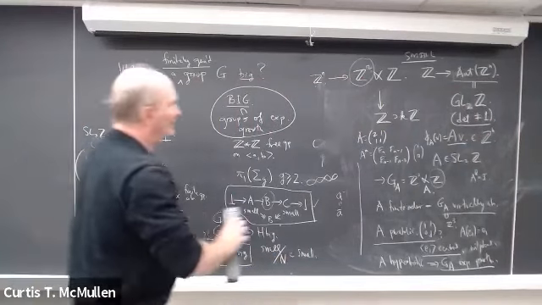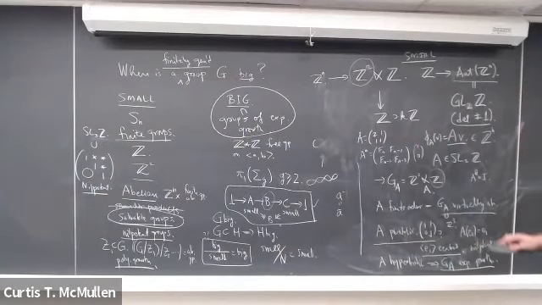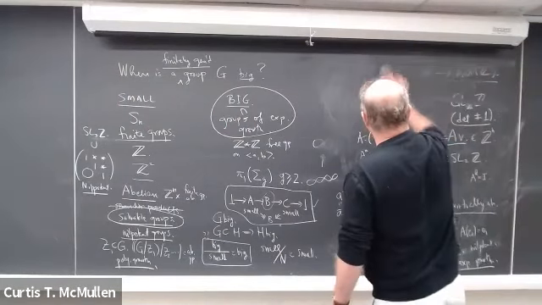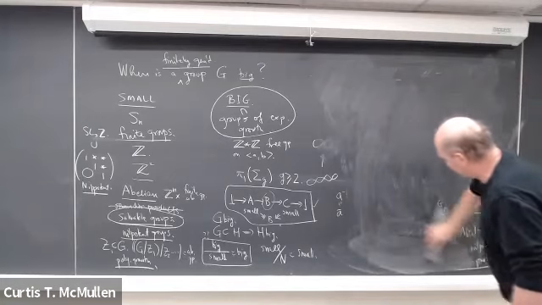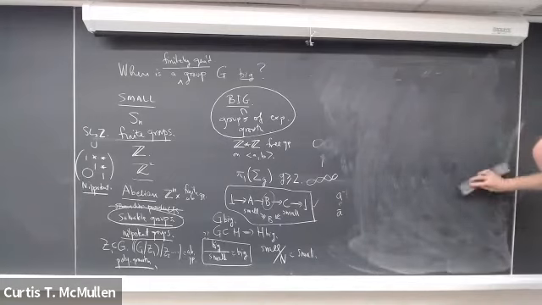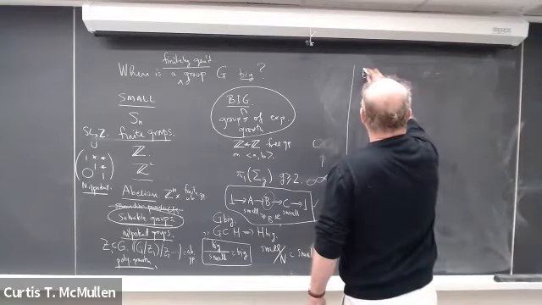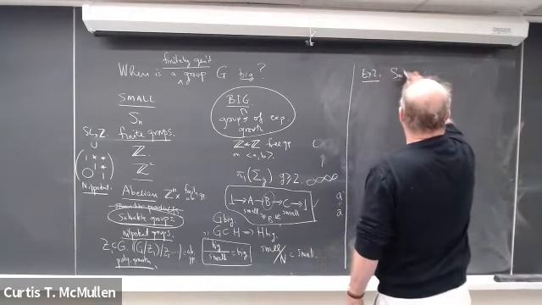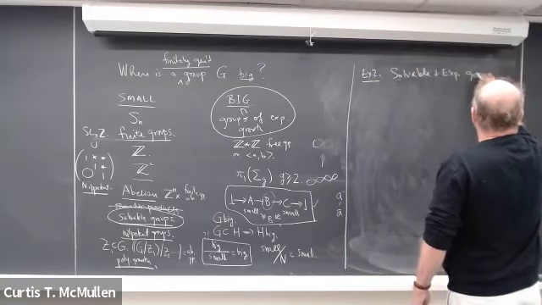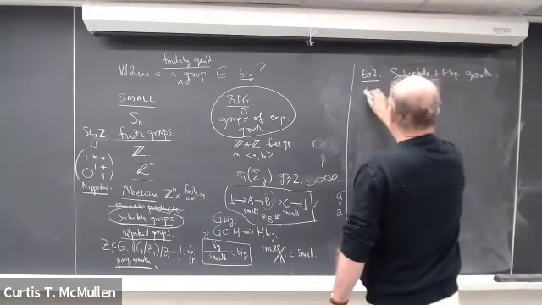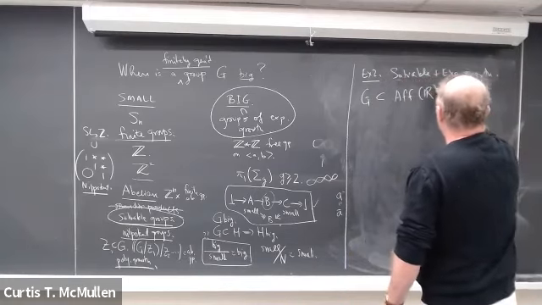But I'd like to give another example of a solvable group with exponential growth that's more elementary and more transparent. So here's example 2 of solvable plus exponential growth. We take the group G sitting inside the group of affine transformations of the real line.